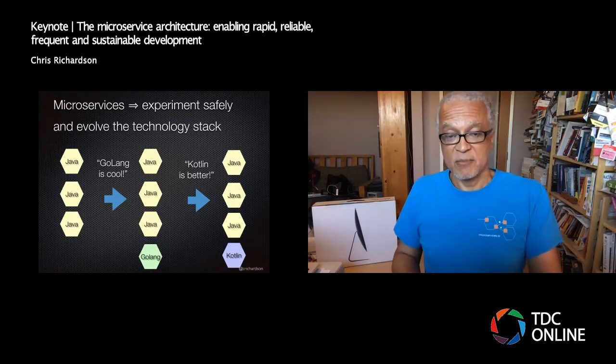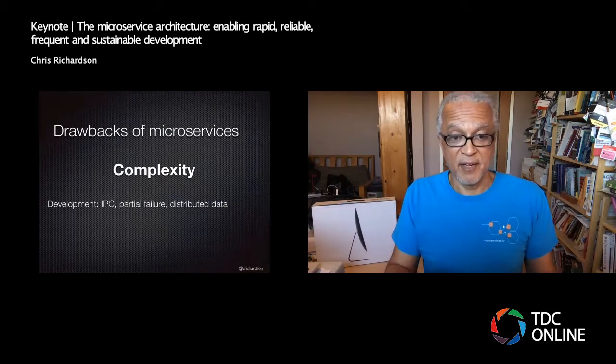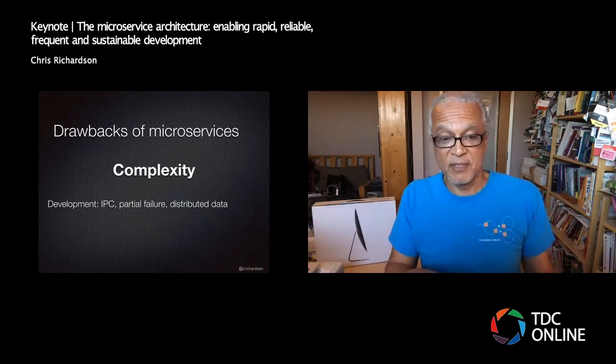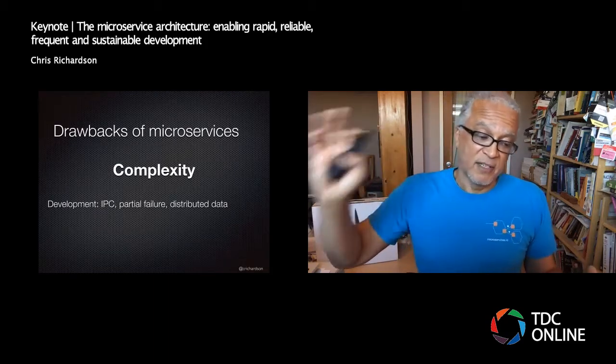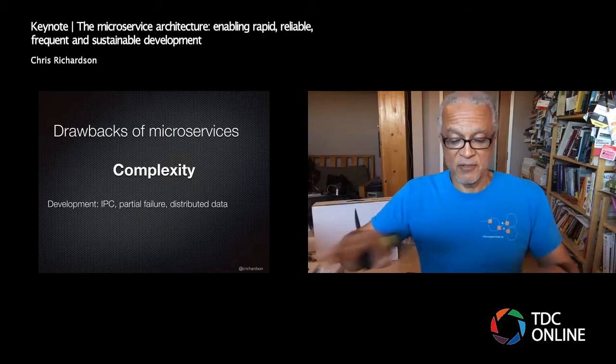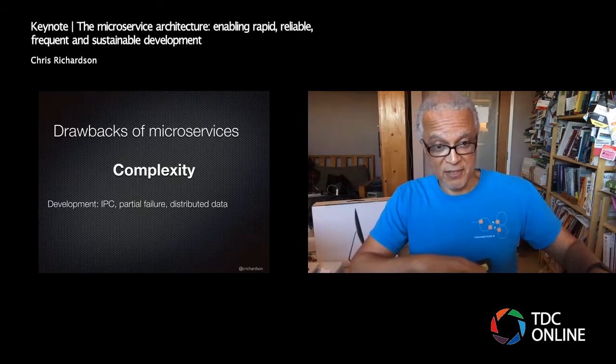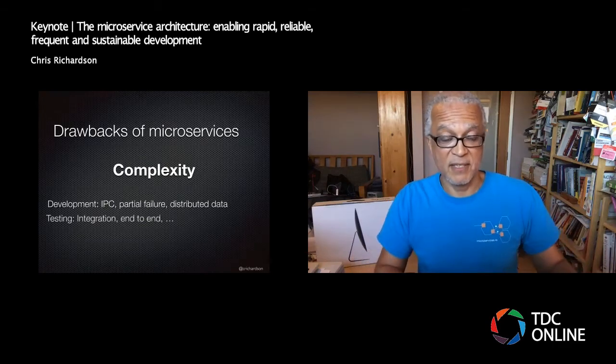So there obviously are some drawbacks, right? You've got the complexity of development. You're building a distributed system, so you've got inter-process communication. You've got multiple databases, which transforms how you implement queries and transactions that span multiple services.